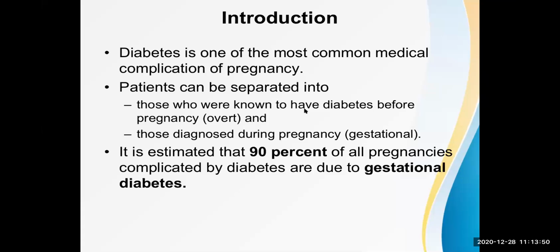This is a disease which is associated with insulin, either absolute deficiency or relative deficiency. Absolute means there is no insulin at all, like in type 1 diabetes. There's no insulin production or secretion. And relative deficiency means there are two aspects.